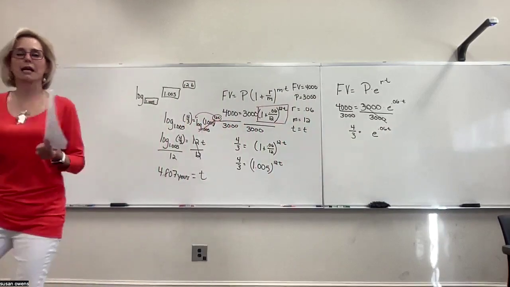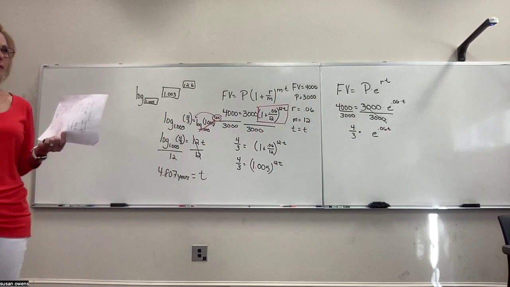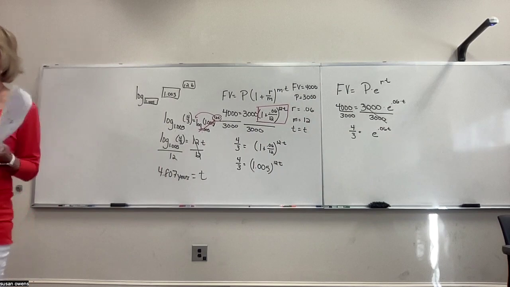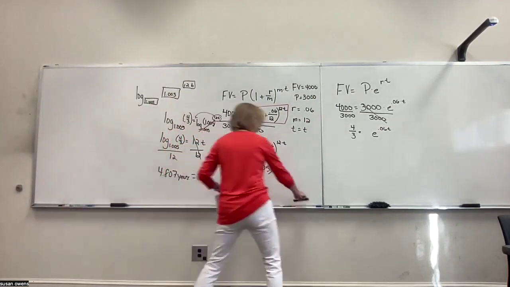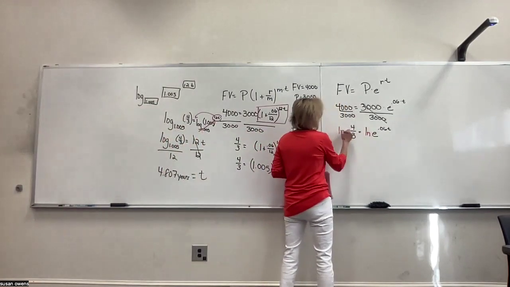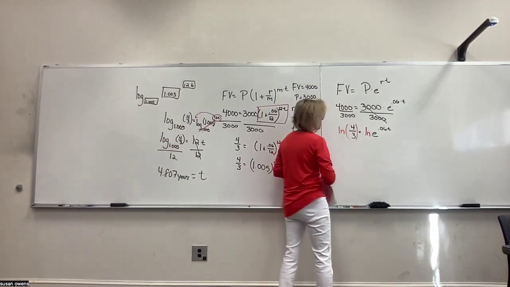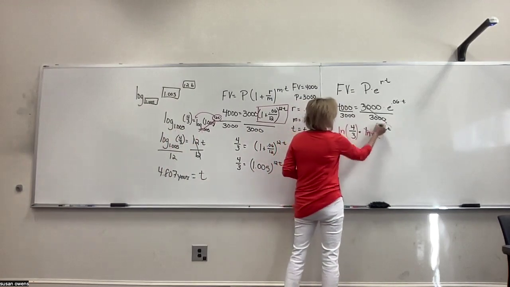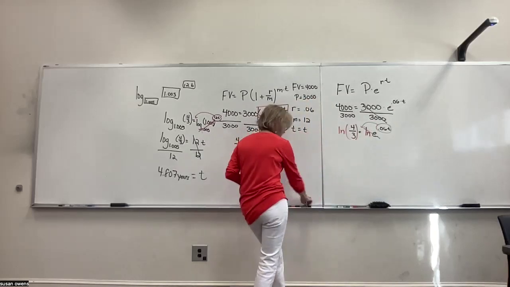The variable is an exponent, so I have to use logs. What log base? The natural log, because the natural log is log base e. I'm going to take the natural log of both sides. Okay, ln e is 1. So that cancels out. My 0.06 can come down in front.